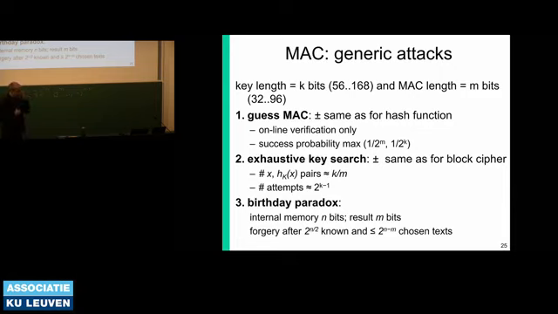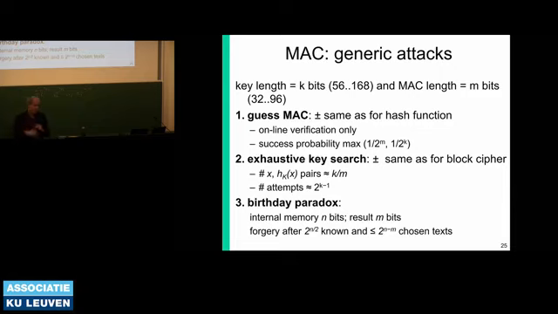And then it's a bit tricky. I will not explain the details, but in the way we construct MAC algorithms, in some work we did in the mid-90s, we showed that the birthday paradox also applies to the MAC. So if your internal state is n bits, and you have 2^(n/2) known messages and a number of chosen messages, you can actually forge MACs.